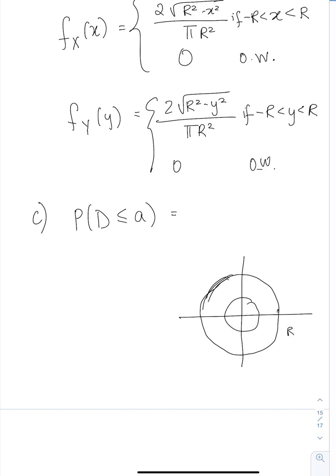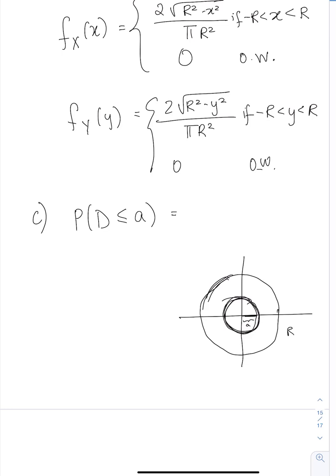Then any point inside this circle of radius a will have D less than or equal to a, right? So this will be the probability of being inside this circle.